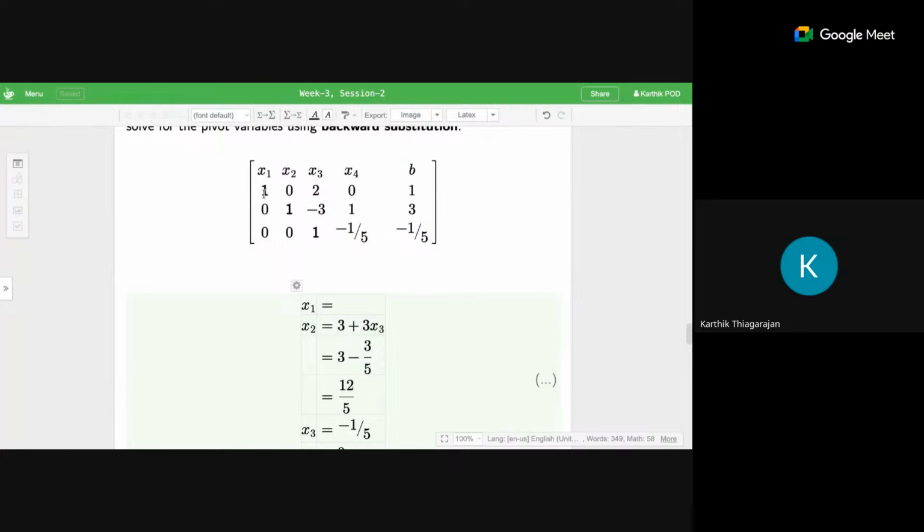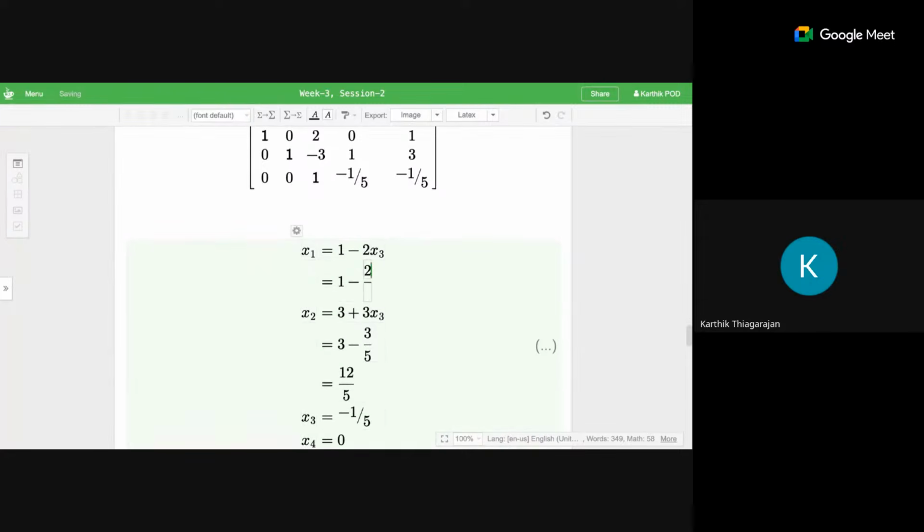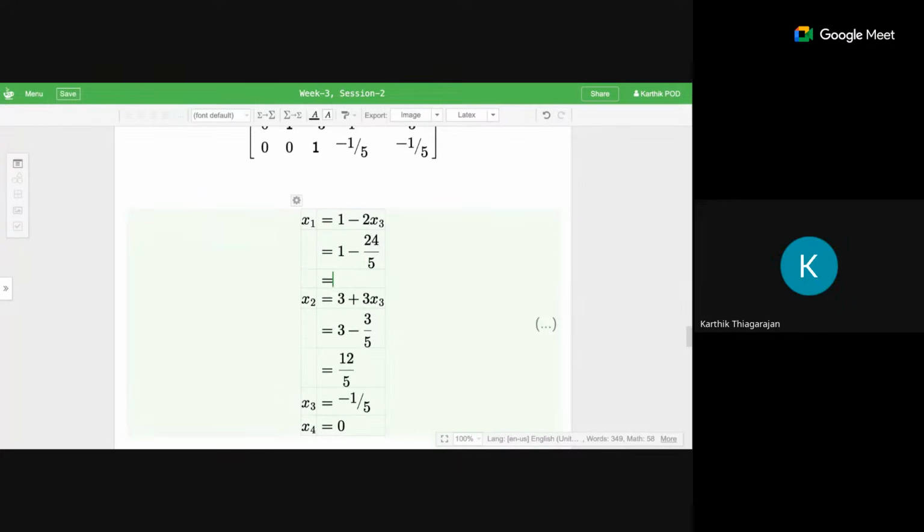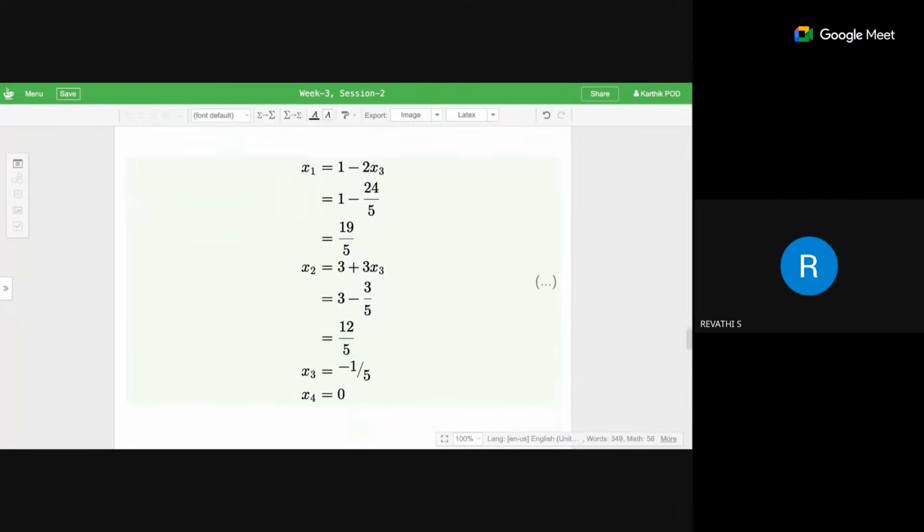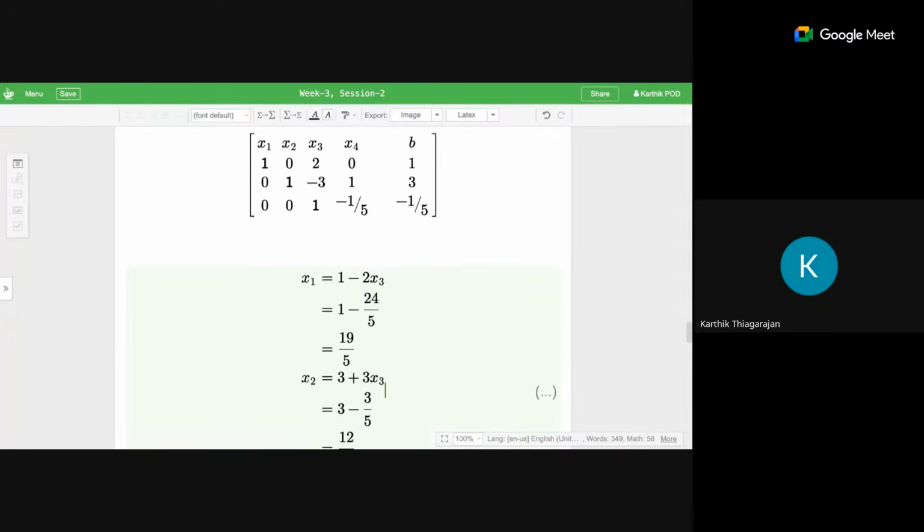Now x1 is equal to, so x1 plus 2x3 is 1, so x1 is 1 minus 2x3. Where x1 is 1 plus 2 by 5.